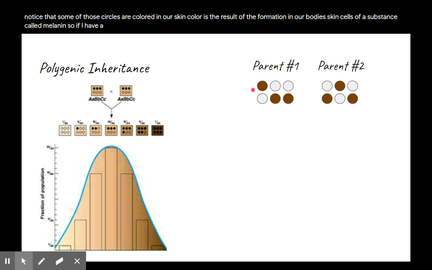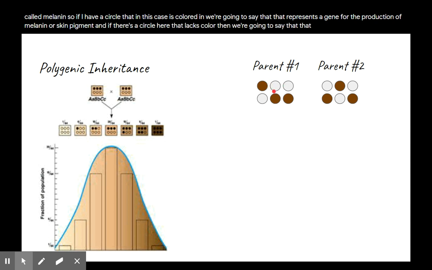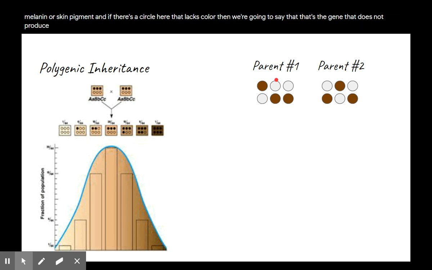So if I have a circle that is colored in, we're going to say that that represents a gene for the production of melanin or skin pigment. And if there's a circle that lacks color, then we're going to say that that's a gene that does not produce melanin.